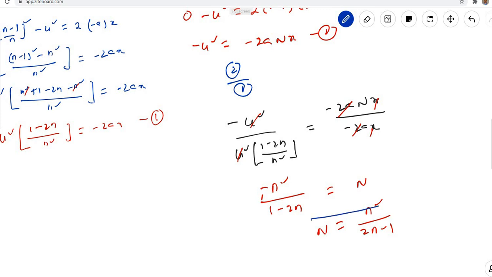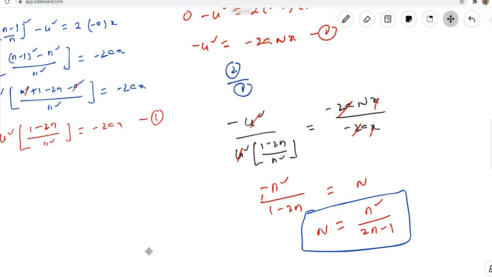This is the required number of planks to stop the bullet completely. Standard equation: the number of planks required to stop the bullet completely is n square by 2n minus 1. Now let's move on to the next problem.